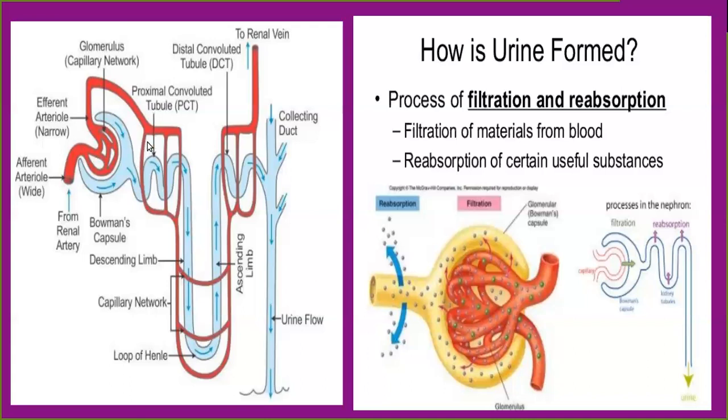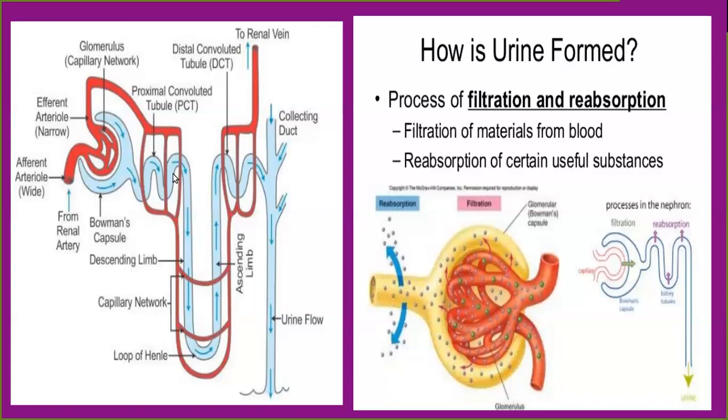You can see that the capillaries surround the tubule and finally join the renal vein. Is it clear? This is the structure of the nephron.